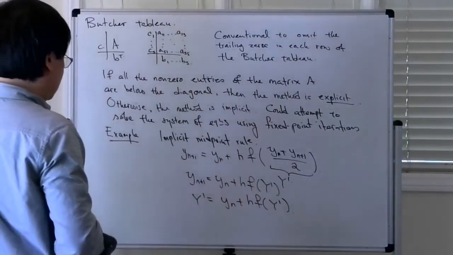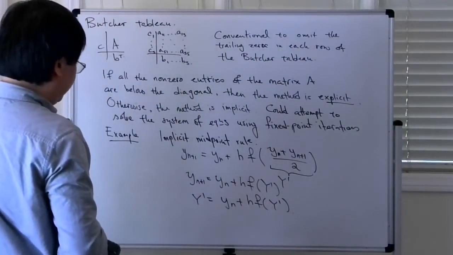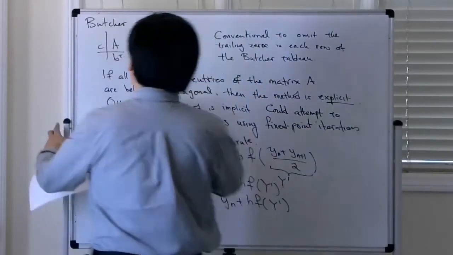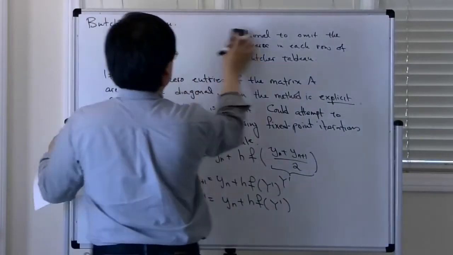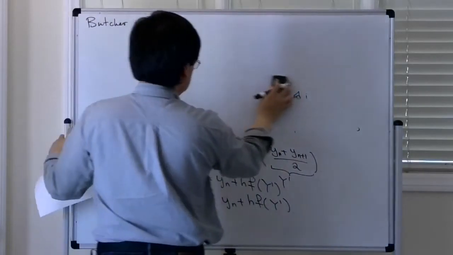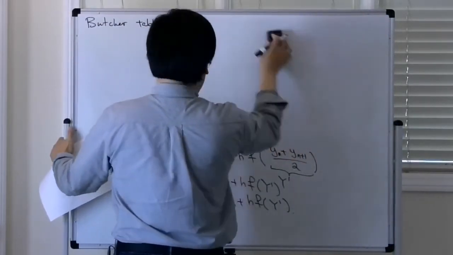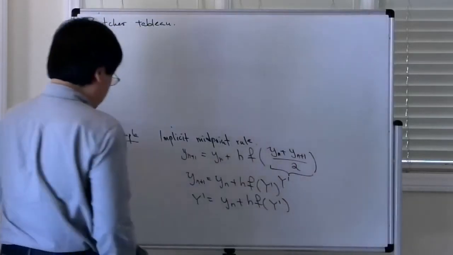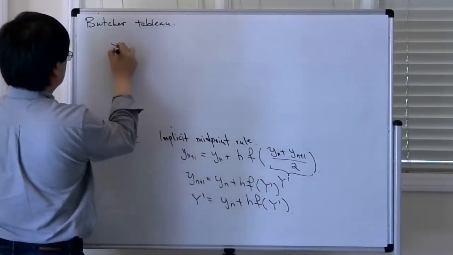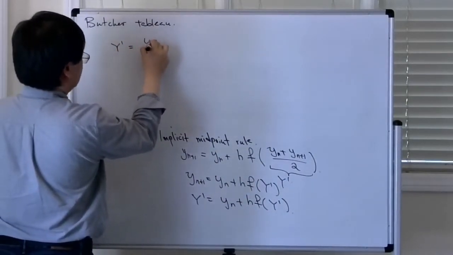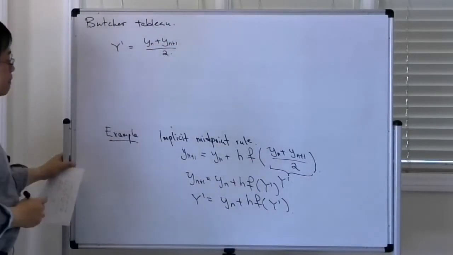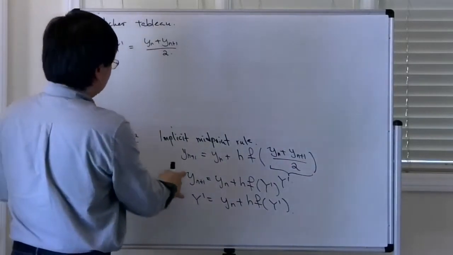So where do you see this coming from? Let's see where you could derive that. You know that Y1 is equal to y_{n+1/2}, and you know what y_{n+1} is.